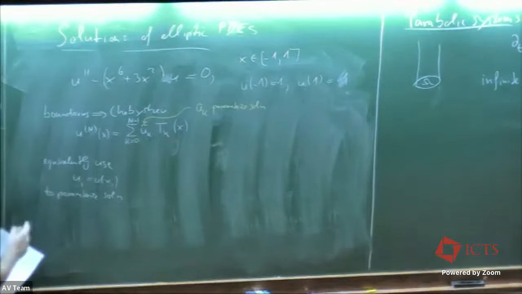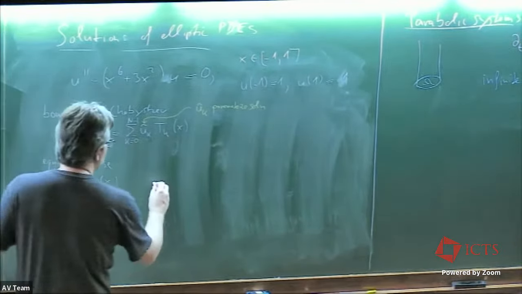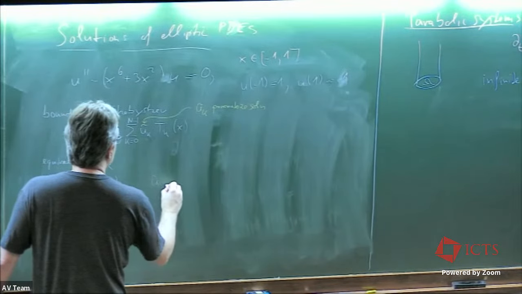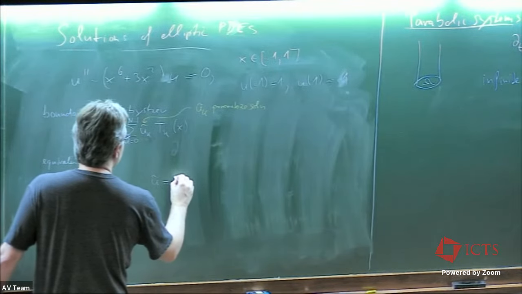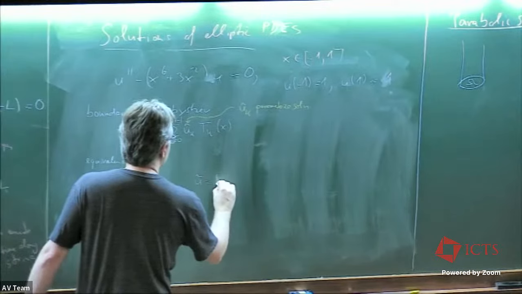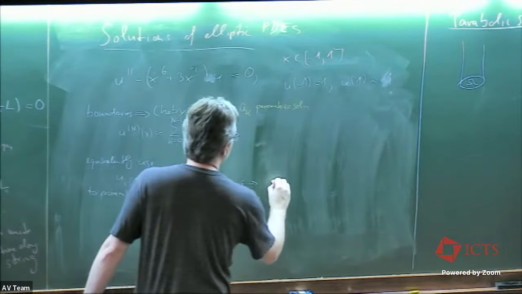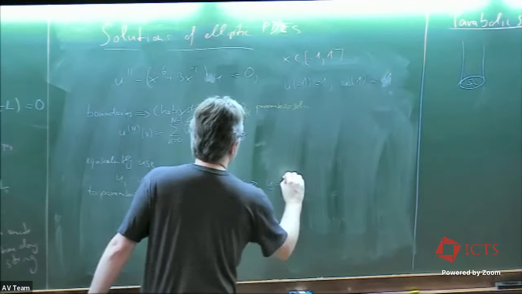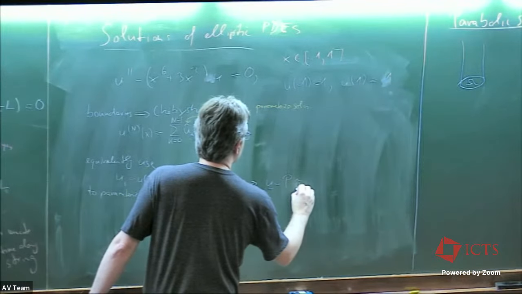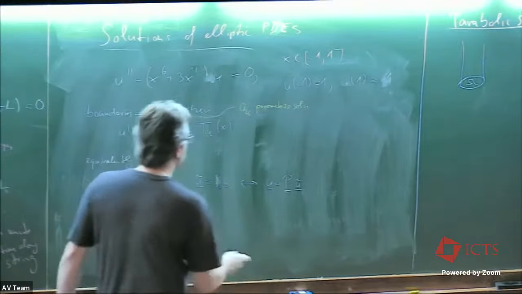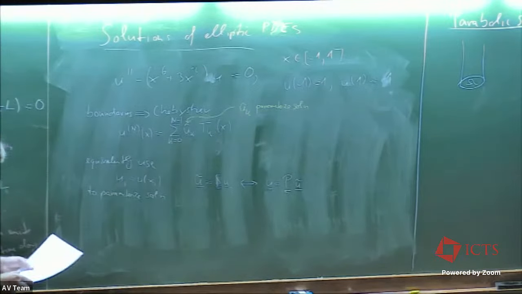And we can do this because the two are related to each other. We can always get the u tilde from the u's by our S matrix, or we can get the u from the u tilde by using the P matrix. So they're completely equivalent.